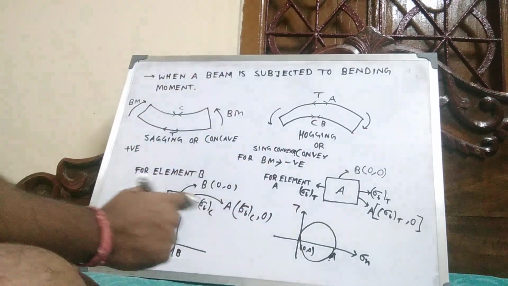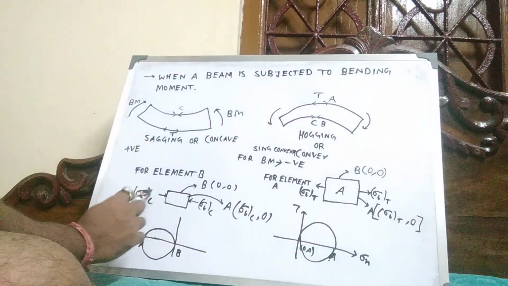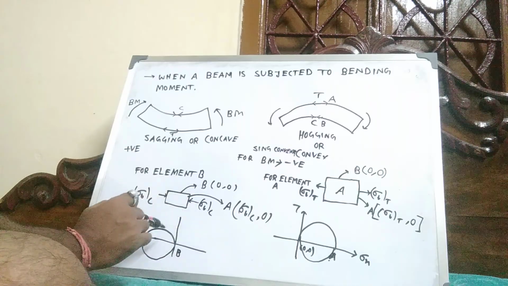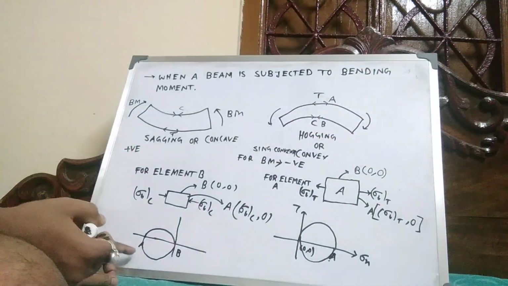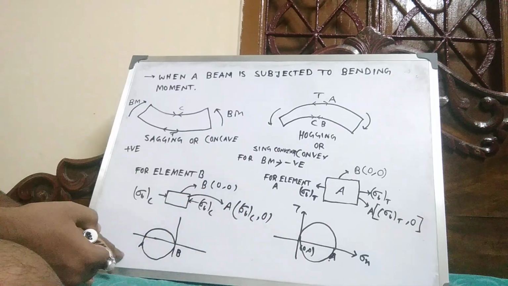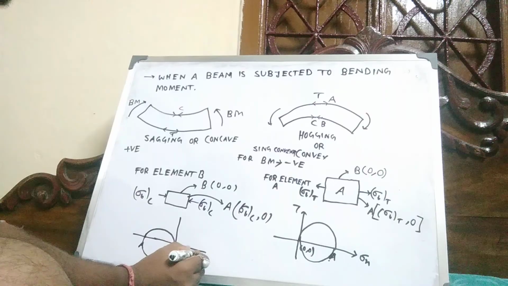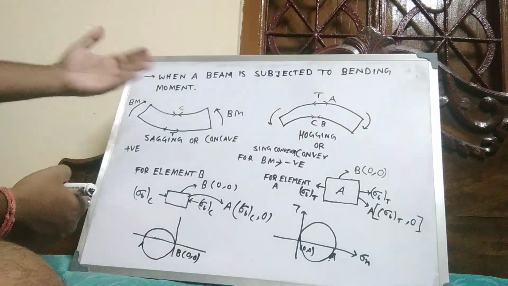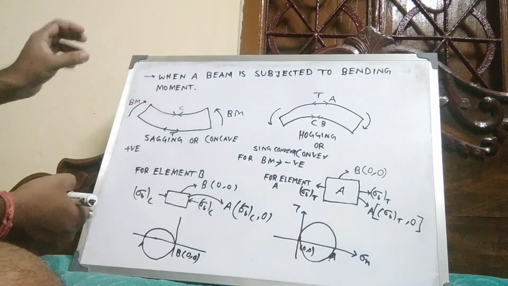For element B, which is in compression, plane A is sigma bc, 0 and plane B is 0, 0. Understand? You can easily draw the Mohr circle for the sagging condition.